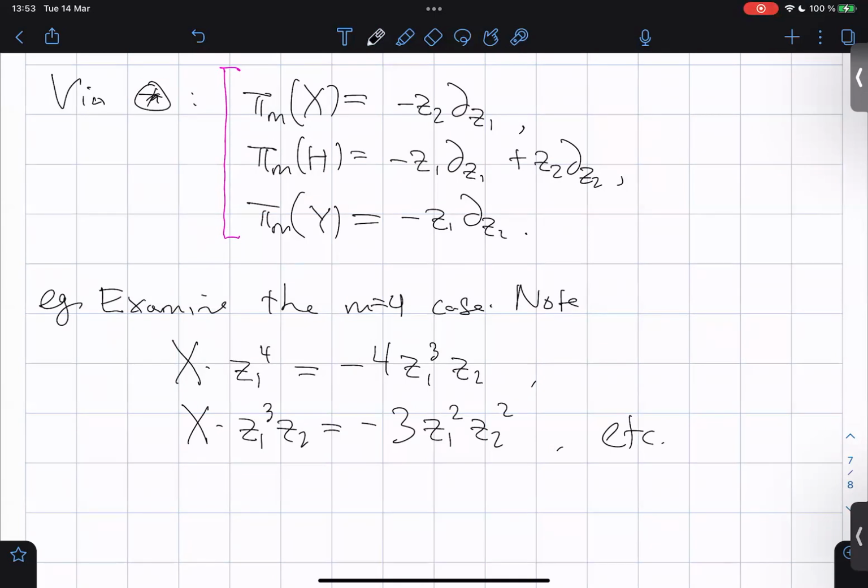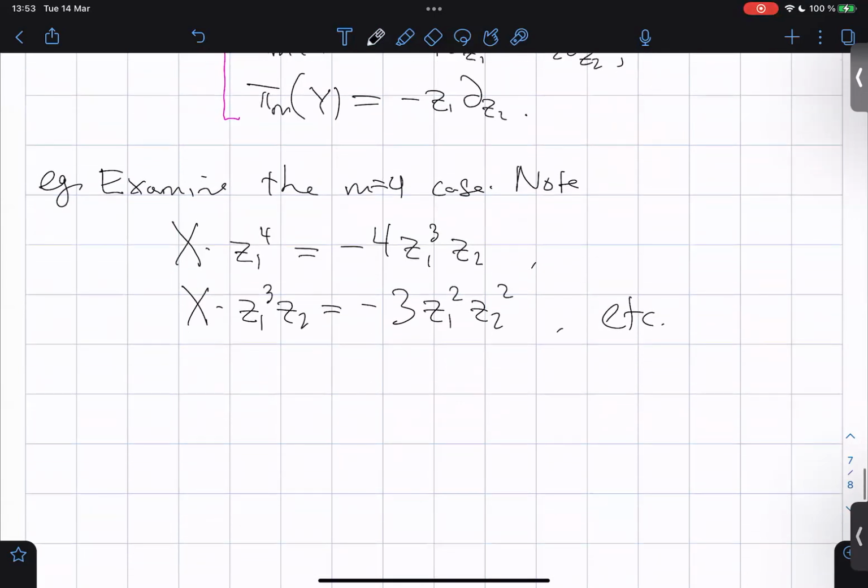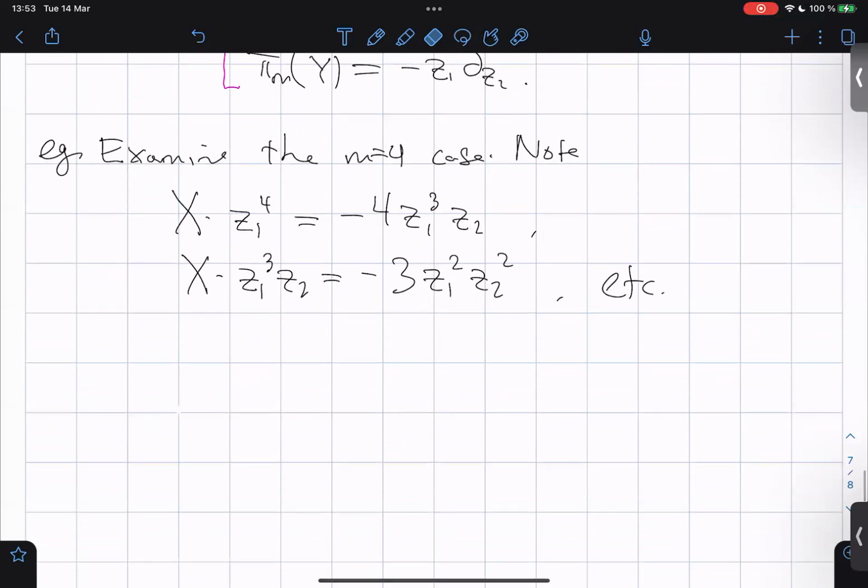But I want you to have this bigger, more abstract picture of what's going to happen and how we're going to start thinking about these representations of SL2. So you have Z1 to the 4th over here. I'm putting brackets around it because I want to talk about the span.